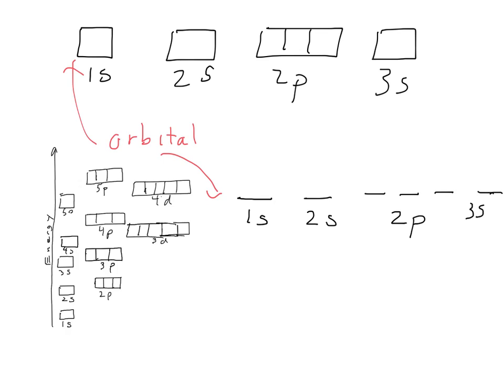So you can represent orbitals using either boxes or lines when you're doing your orbital diagrams, and you can write them in order of increasing energy like I did over here, or you can write them linearly. And you can also use noble gas notation for them, but let's do one thing at a time.